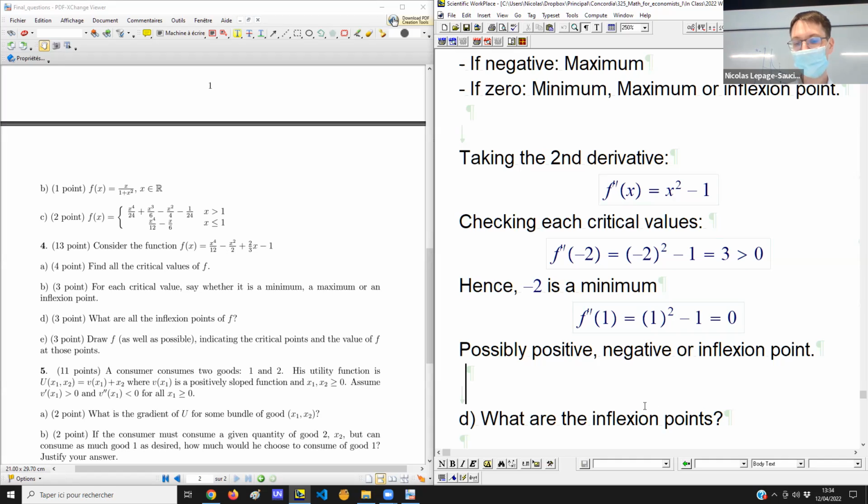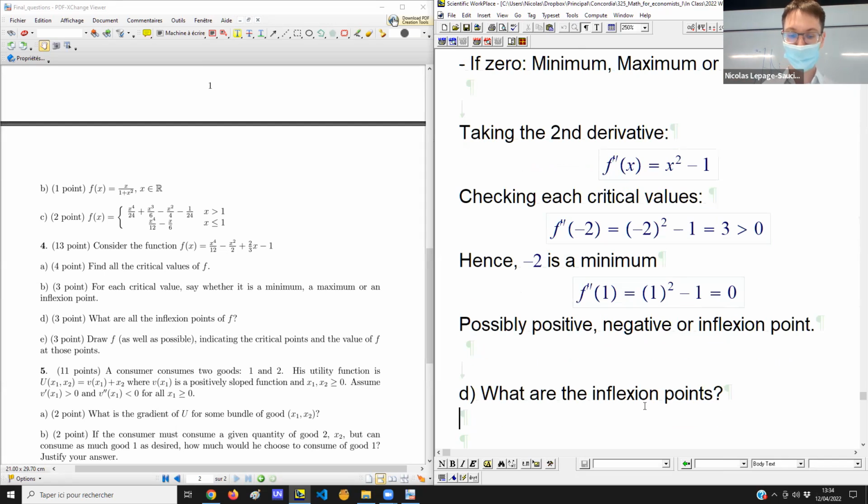And to know whether you have an inflection point or not, so this I didn't say in class, that's why I shouldn't spend too long on it. But to know whether you have an inflection point, you must have the third derivative not be 0. So if the second derivative is 0 and the third derivative is non-zero, you know you have an inflection point. So not covered in class.